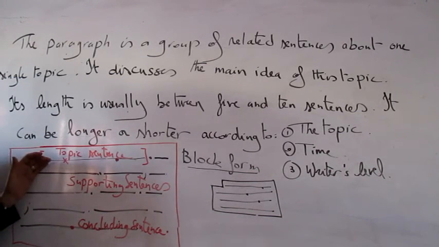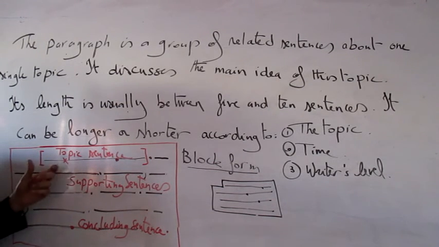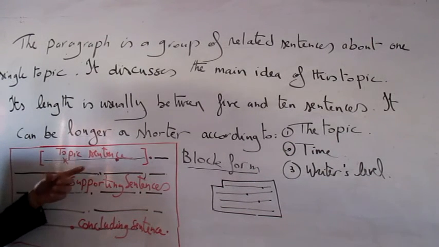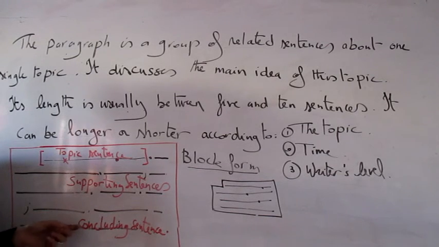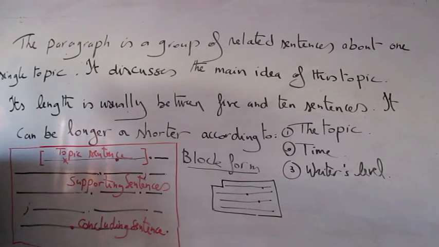Just be direct, be academic, be formal, present all the ideas logically, clearly and coherently, and respect this structure of the three major parts. You start with the topic sentence to introduce the topic, then you develop the topic, then you conclude the paragraph by reminding the reader about the topic discussed in the paragraph.